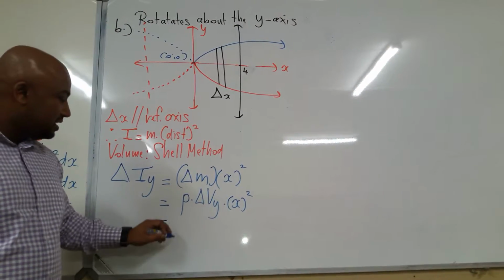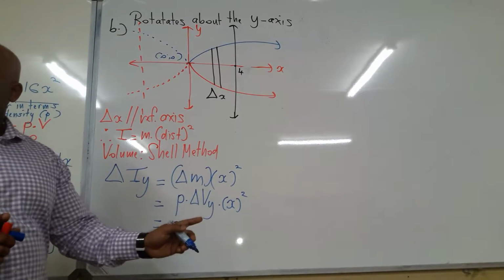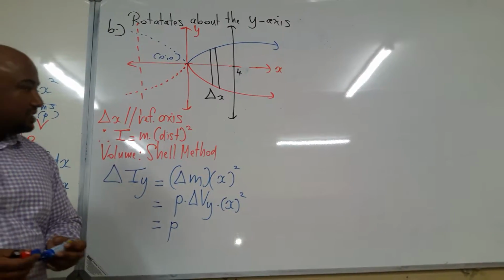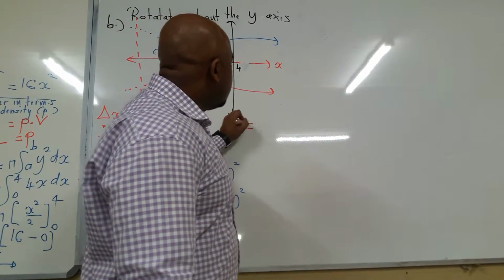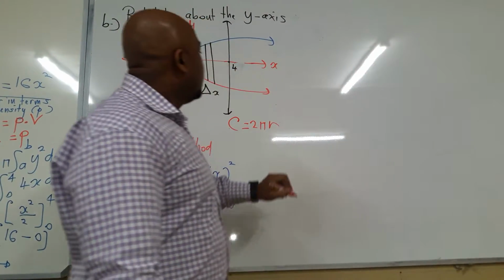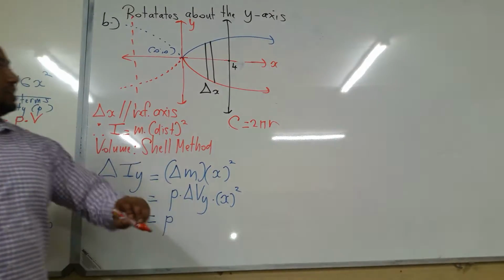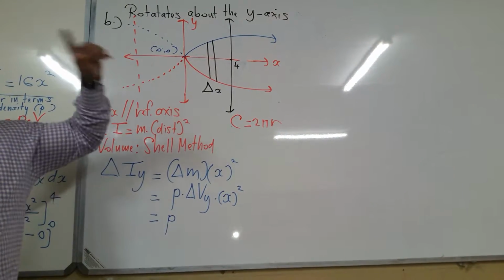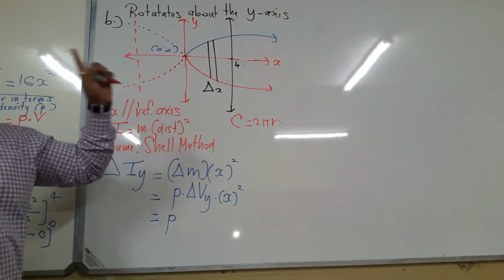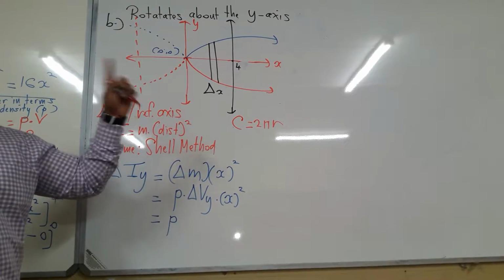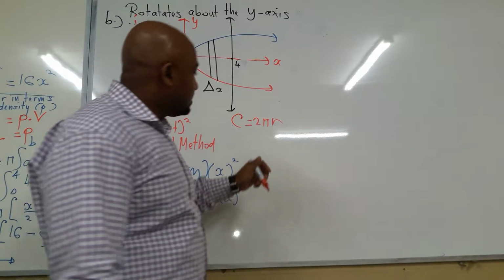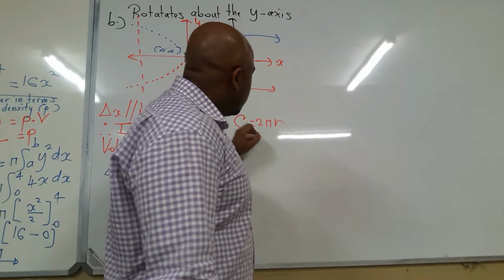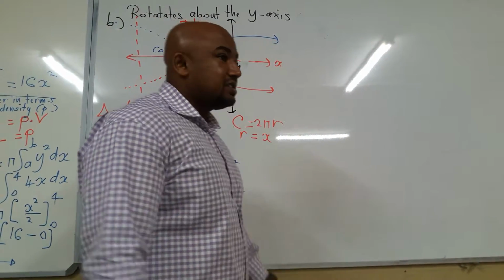Shell method is circumference times your height times your thickness. What is the circumference? Circumference is equal to 2 pi r. We are rotating around the y-axis, so what is your radius measured in terms of? In terms of x.